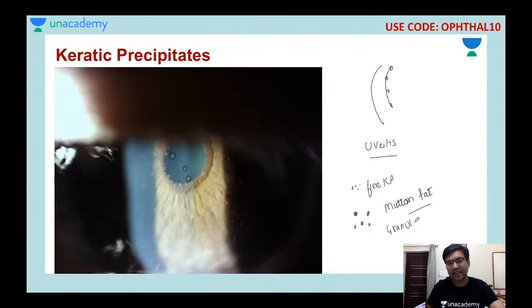Examples of granulomatous uveitis are diseases like tuberculosis and sarcoidosis. Keratic Precipitates are not signs of only active uveitis; they can be seen in active uveitis as well as in healed uveitis.